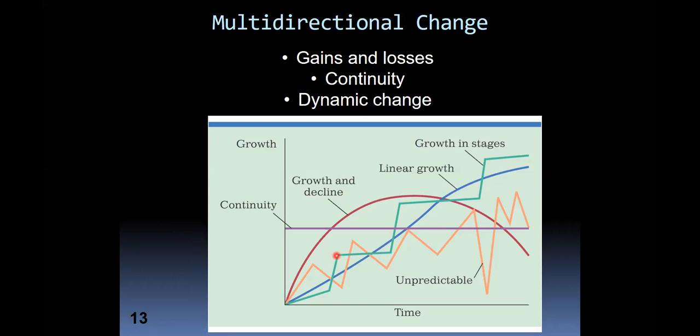Okay, what else? Oh, we have the pattern of unpredictability. So what is there about people that there are unpredictable gains and losses throughout life? Well, maybe to some extent income, or maybe body weight.